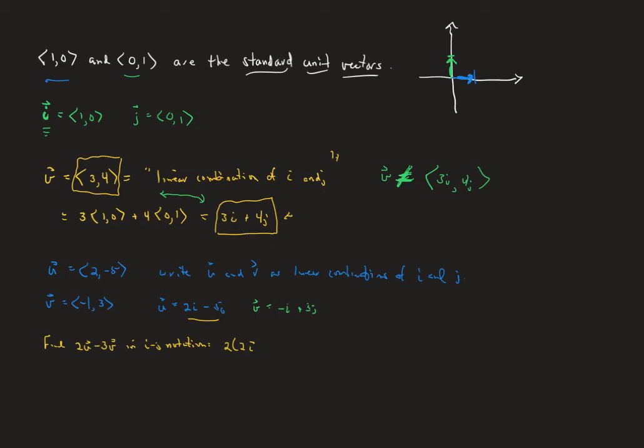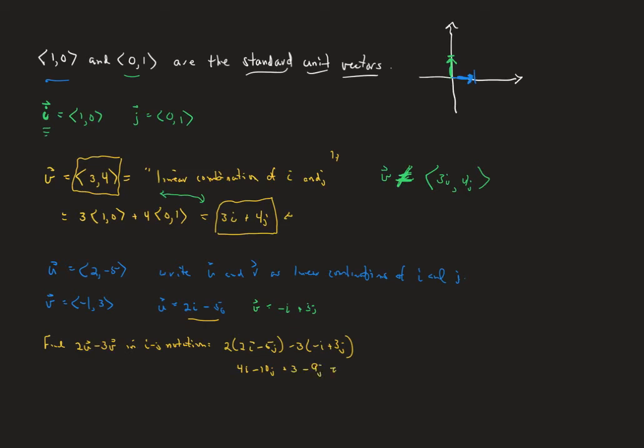So that's 2 times 2i minus 5j, and then a minus 3, and that's going to be a negative i plus 3j. And now we just do this like it's a big algebra problem. So distributing, we'll get 4i minus 10j, and then a plus 3i minus 9j.